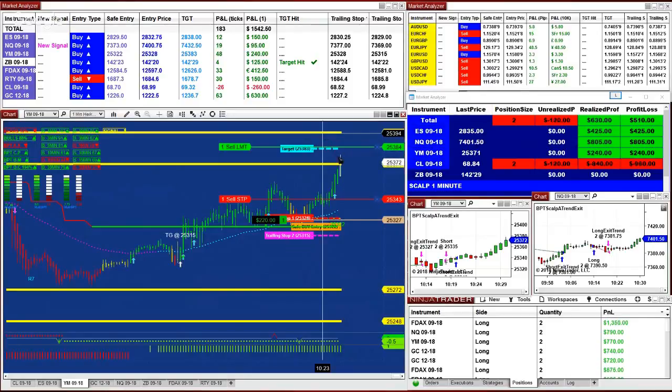Here is the situation on the YM. I can manually extend the target, or if I don't feel like it, I can just let it close. This is the advantage I want. So once this auto trade takes that trade and hits the target, the targets are not fixed targets.